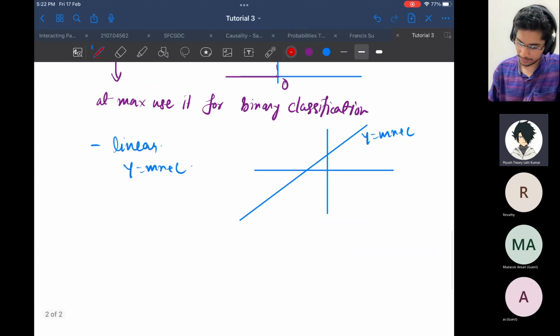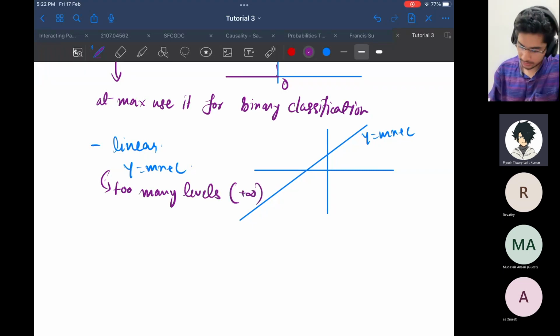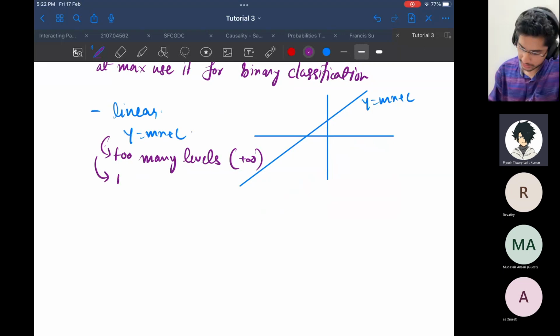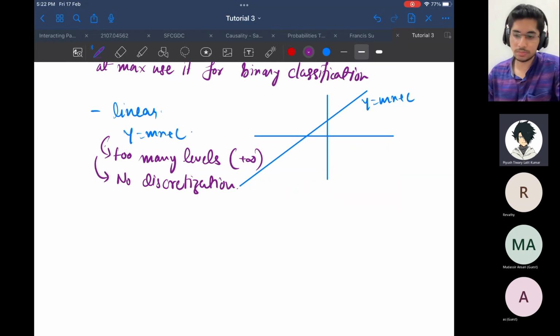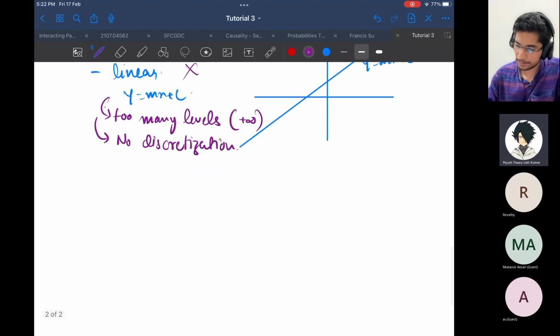So let me just write it. The issue with this is, first, too many levels. Actually, it's an infinite number of levels. And the second issue is no discretization. These two problems make it difficult for us to use it as an activation for a classification problem. So this is also not desired.